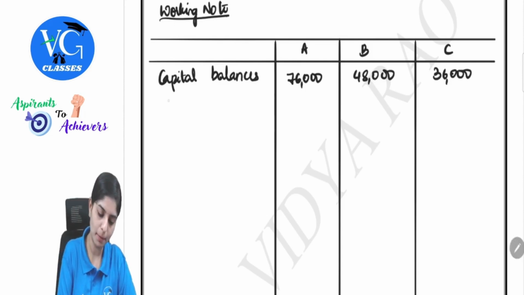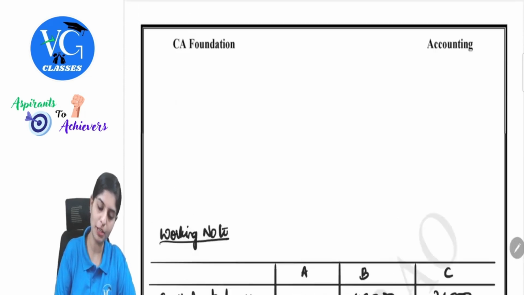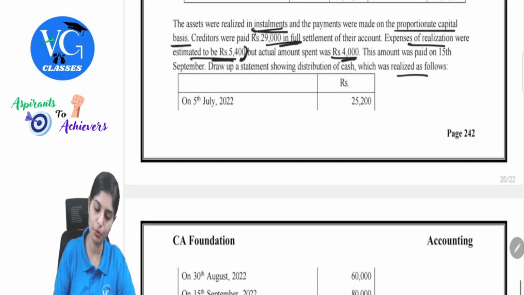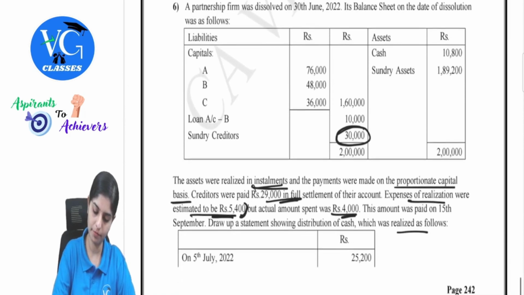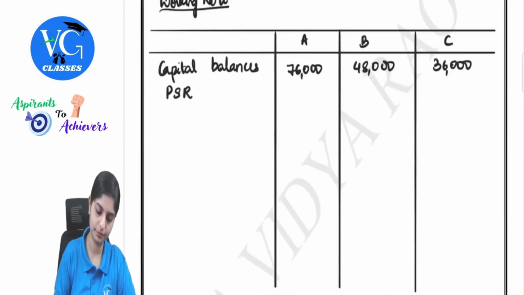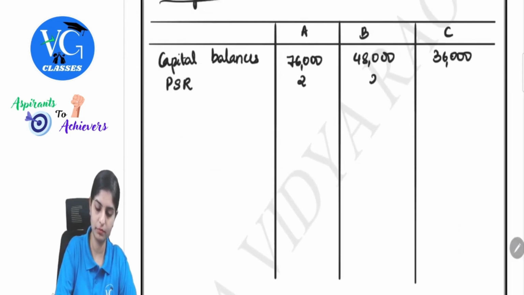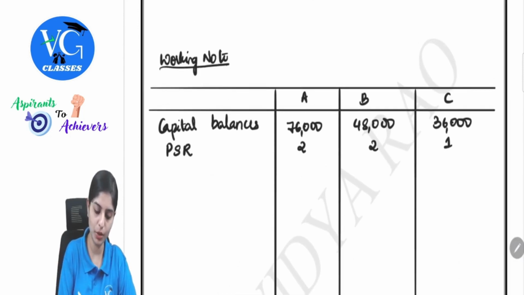So first, their profit sharing ratio. Profit sharing ratio is given as 2:2:1. Now what we will do is find out the proportionate per unit share.